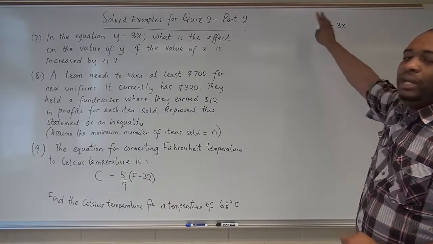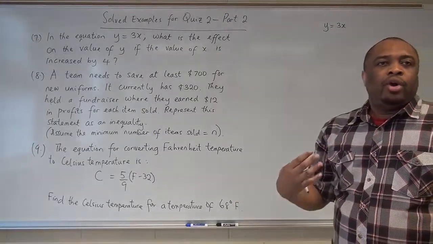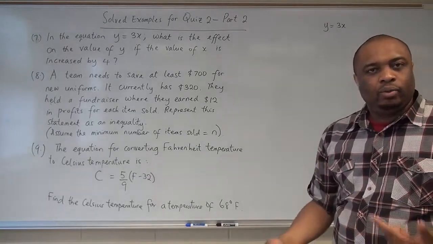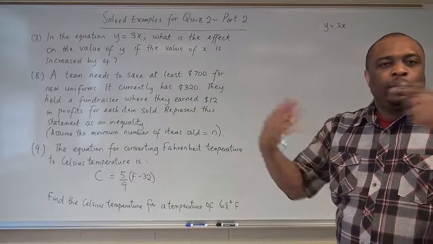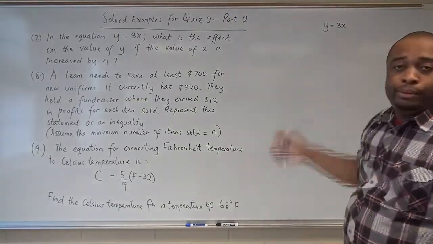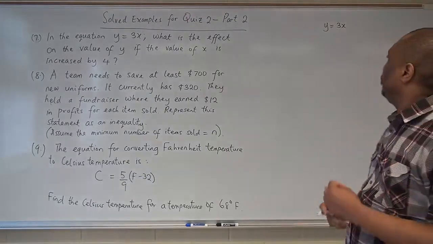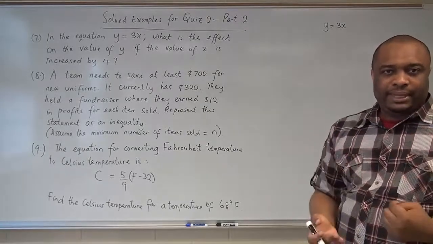So if x is increased by 4, what will be the corresponding increase in y? Because y is going to increase anyway, because this is directly proportional and it is a positive slope. So we will do it with algebra and then we can verify with arithmetic.